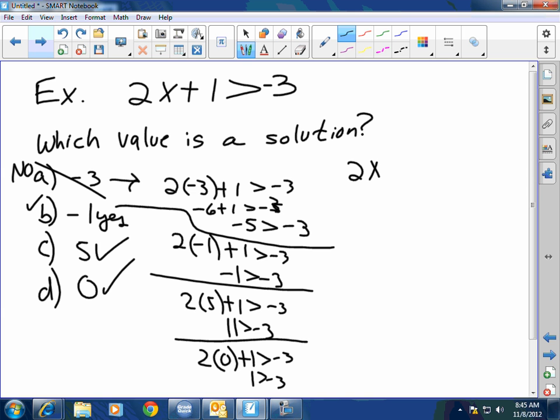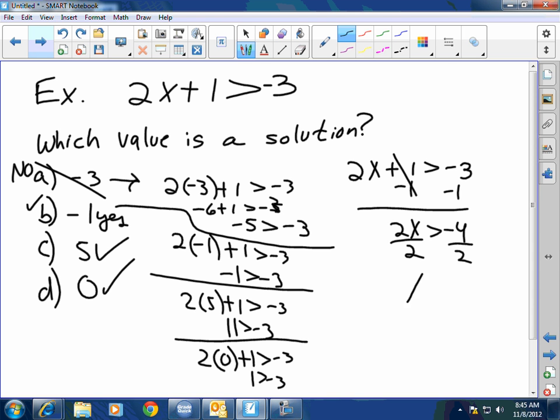So what my boy just finished saying was, Mr. Morrow, to save time, can't we just solve this like a two-step equation? And that's what I'm doing right now. And the answer is absolutely. Anything greater than negative 2 is a solution. So think about it. Is negative 3 greater than negative 2?